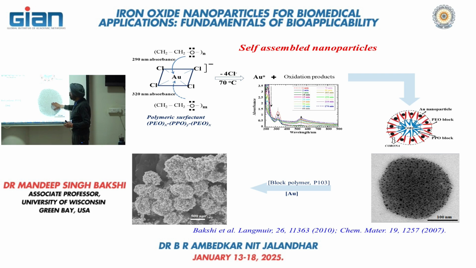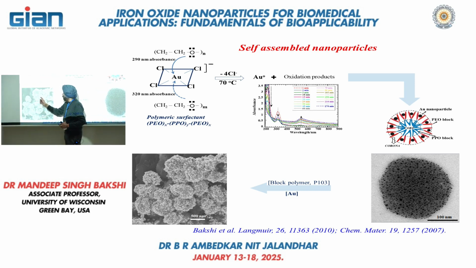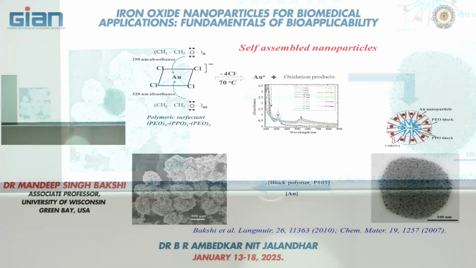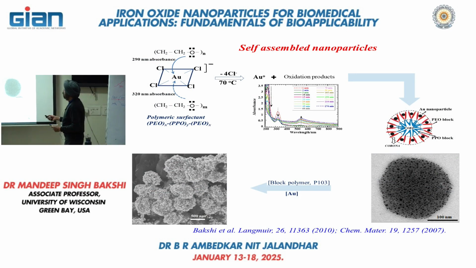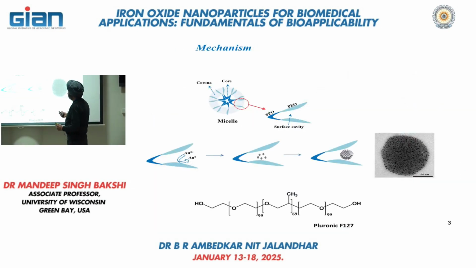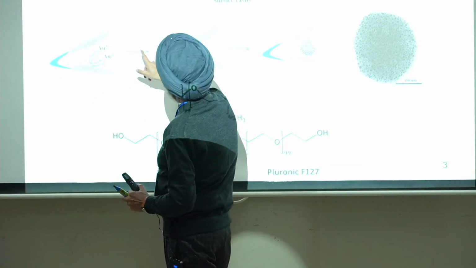So this is the transmission electron micrograph. If you want to see the scanning electron micrograph, this is the scanning electron micrograph. You see clearly the gold nanoparticles grown on the surface of a spherical micelle. Now, the mechanism for the growth I have shown over here. This is the surface cavity. The reaction which I have mentioned over here: electrons provided by the ether oxygens which are over here.